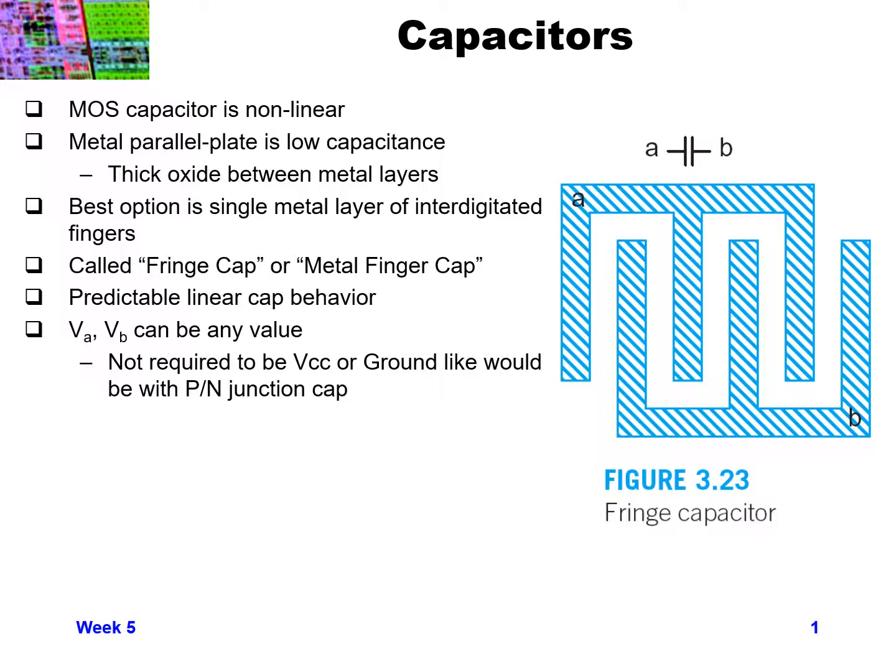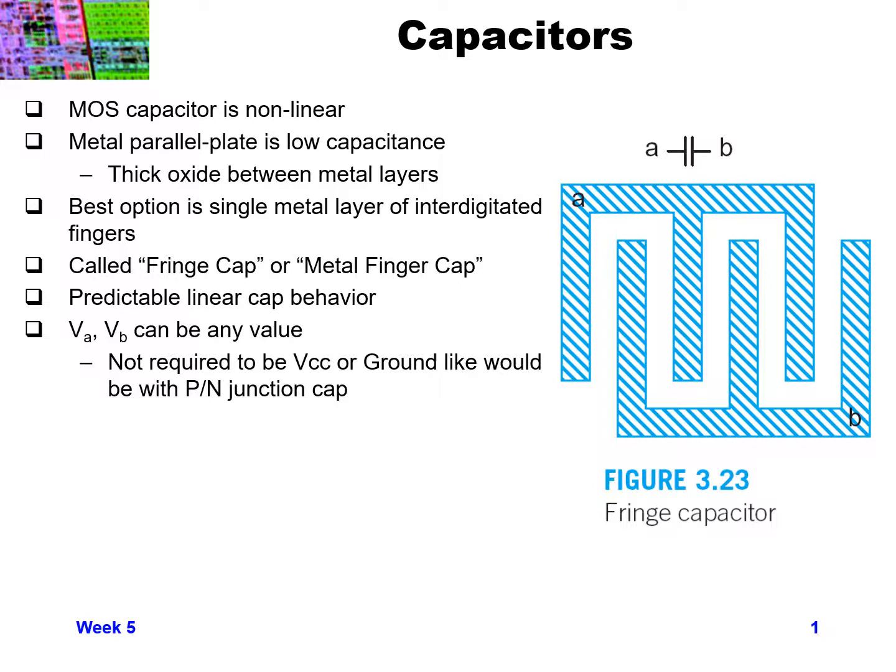Now because this is a linear capacitance, it will behave linearly with voltage. So we get a predictable linear cap behavior, and the value that you put on the voltage for VA and VB can be any value basically, as long as it's not above the value that would cause the oxide to break down.